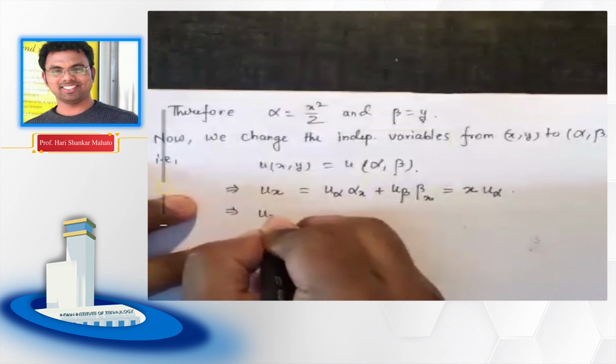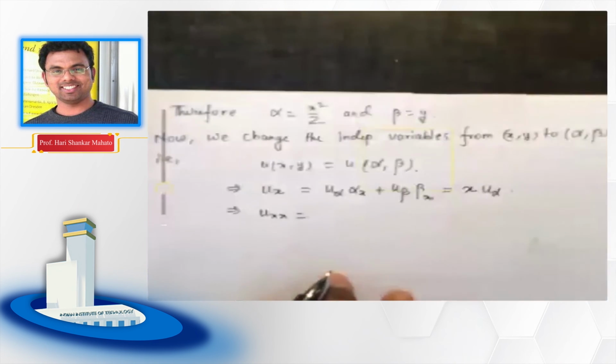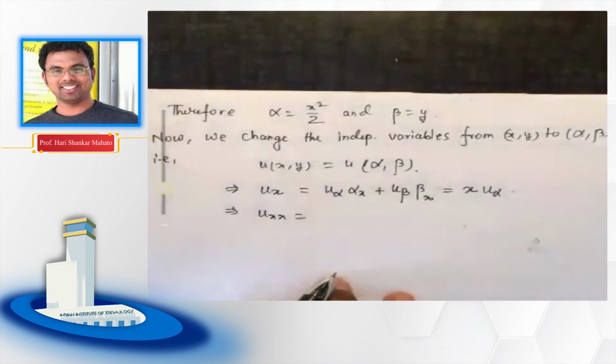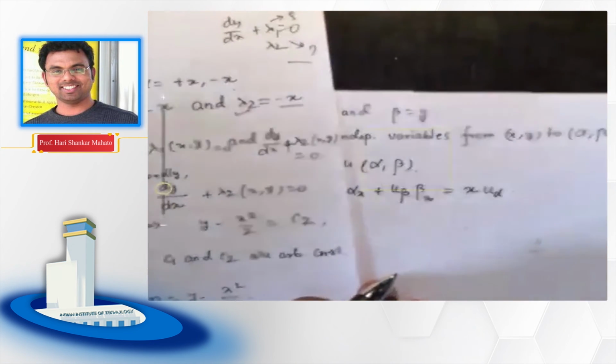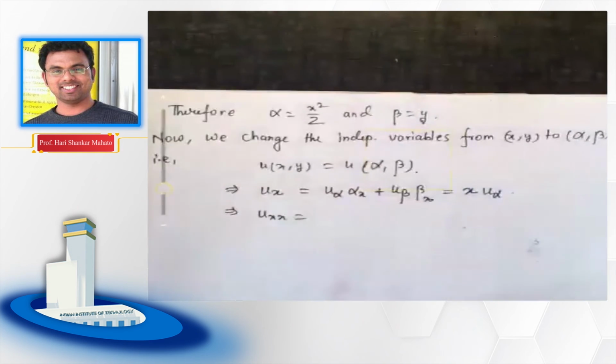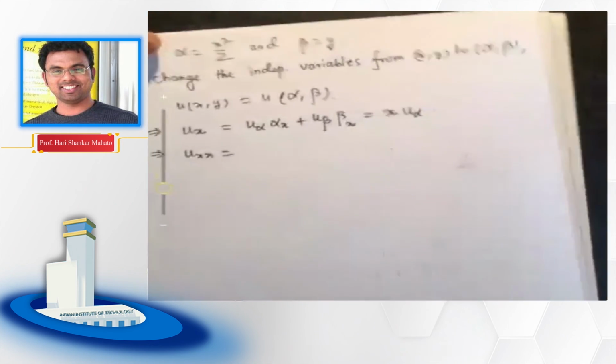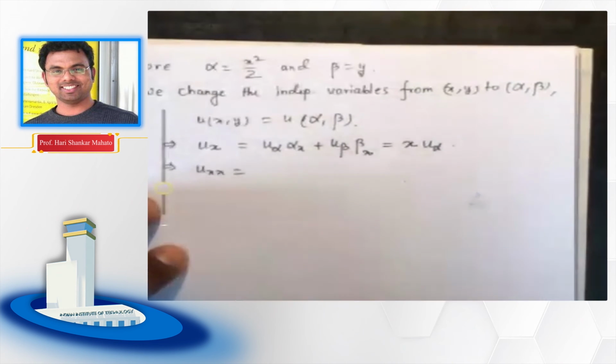Then we calculate the second order derivative. We have to keep in mind that in our given equation we have uxx and uyy, so we don't need ux or uy in the equation itself. However, in order to calculate uxx, we do need ux.